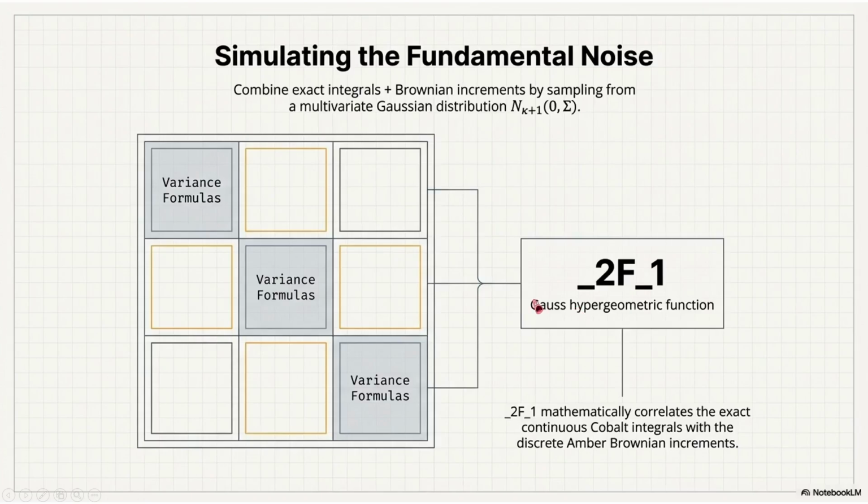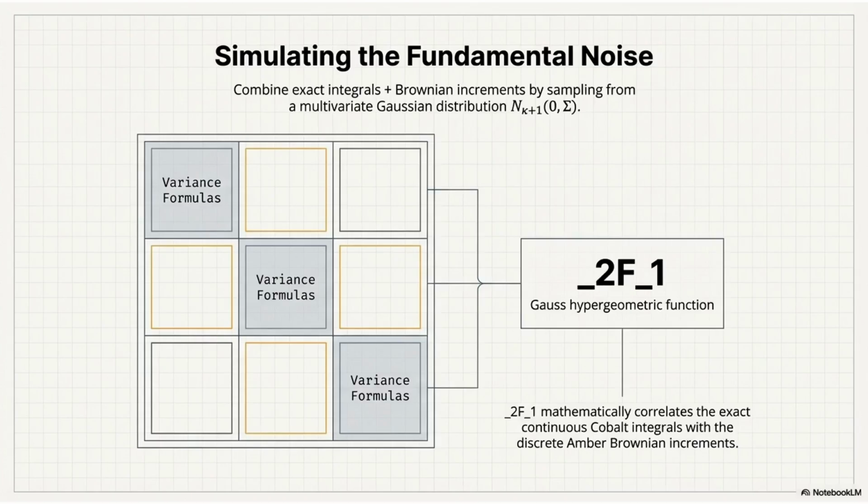So now we have a simulation challenge. We have two different types of noise. We have our exact continuous integrals from the recent past and our discrete Brownian increments from the distant past. To make them work together, we combine them by sampling from a joint multivariate Gaussian distribution.